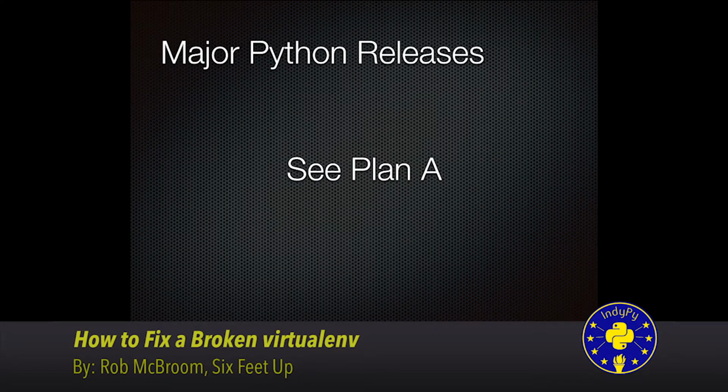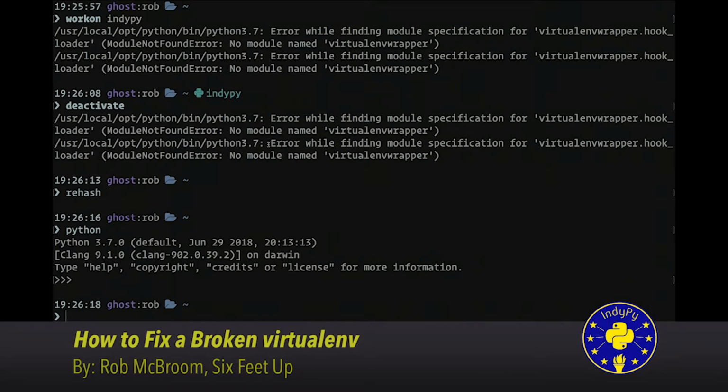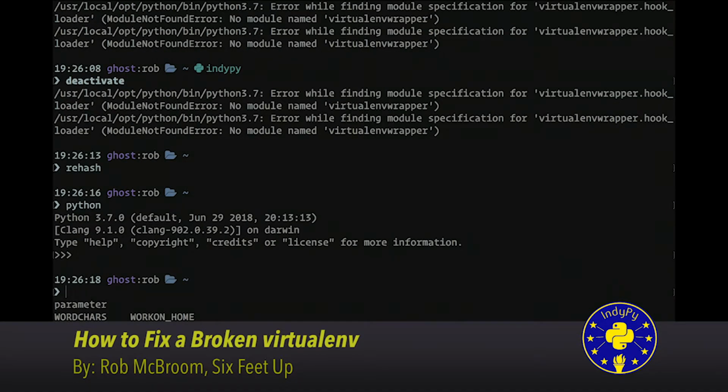You're pretty much stuck with either hoping you had a list of what was installed somewhere. If you really don't have any record, you can always go in here to the old environment. Even though it doesn't work, it's still there.